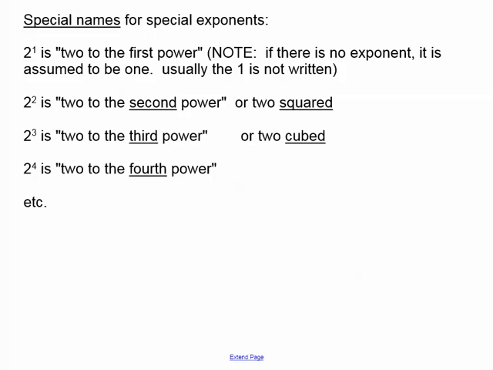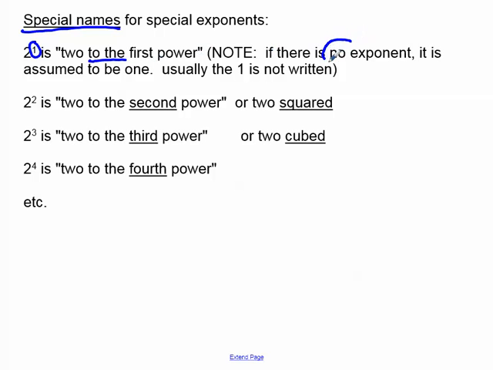Now we do have a couple of special names for special exponents. We've got 2 to the 1st power. Right there, the exponent is 1. Sometimes this is shortened as just 2.